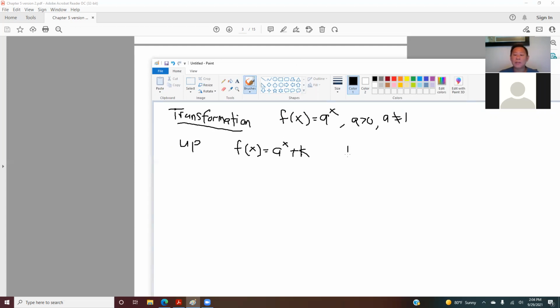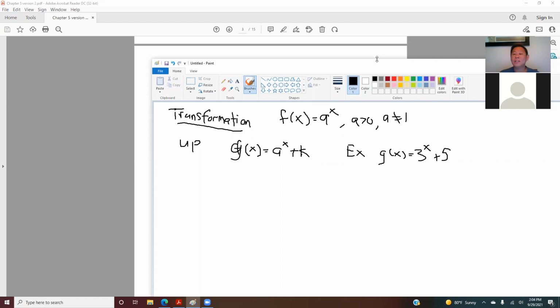So for example, in this case, I'm not going to use f, I'm going to use g here. So the example in this case is g of x is 3 to the x plus 5. Again, the 3 to the power of x is the original function.